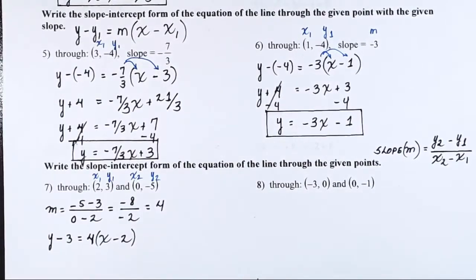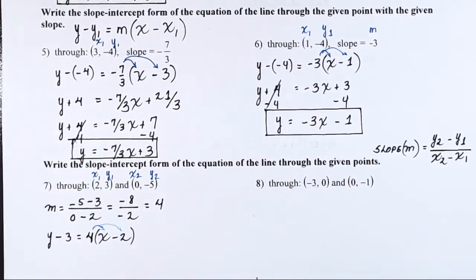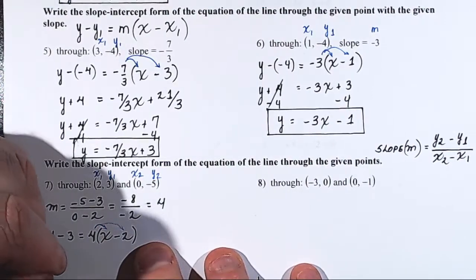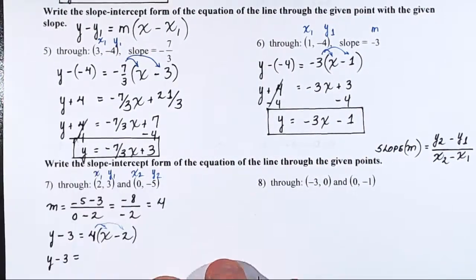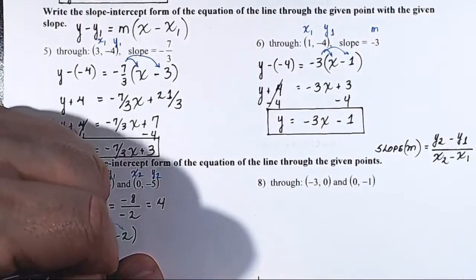And now I will multiply the 4 through the parentheses. So we'll rewrite y minus 3 equals 4x minus 8.